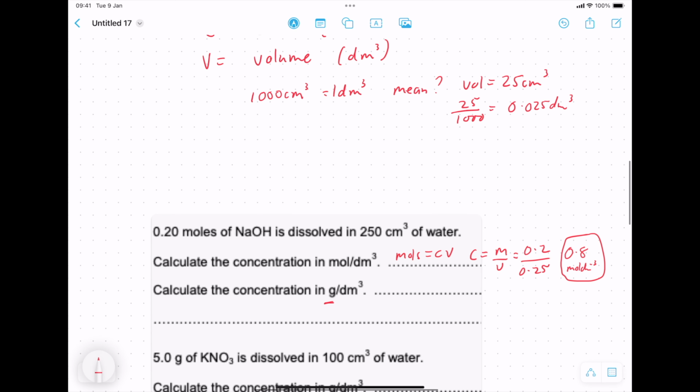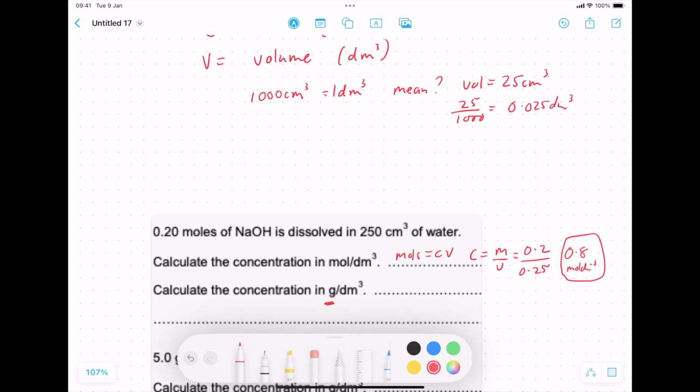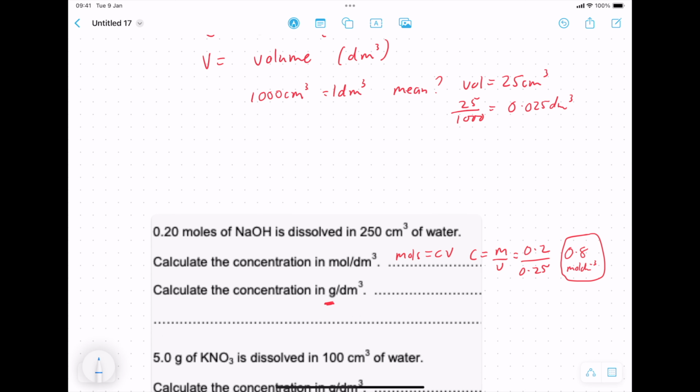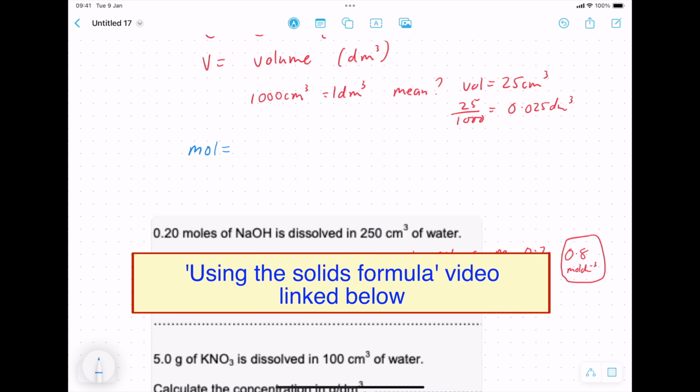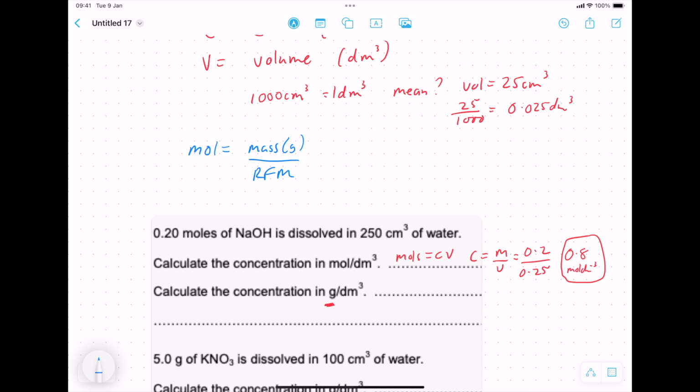Now, when we're faced with this, here's something else. If you want to turn from moles per decimeter cubed into grams per decimeter cubed, it's really, really simple. The relationship between moles, mass, and RFM is the solids formula, which is moles equals mass in grams divided by the relative formula mass of the molecule.